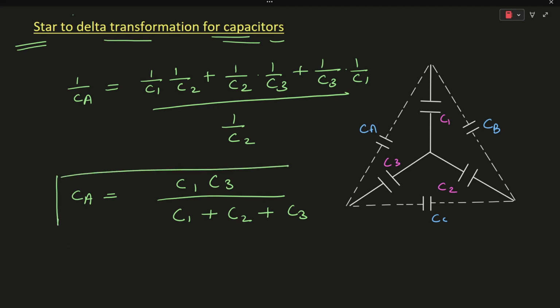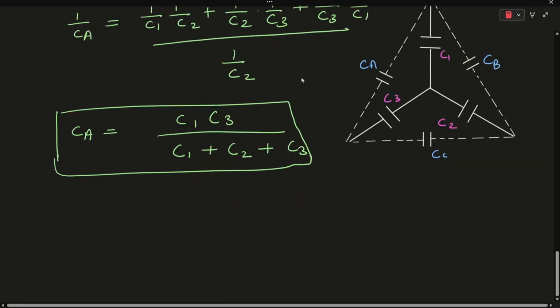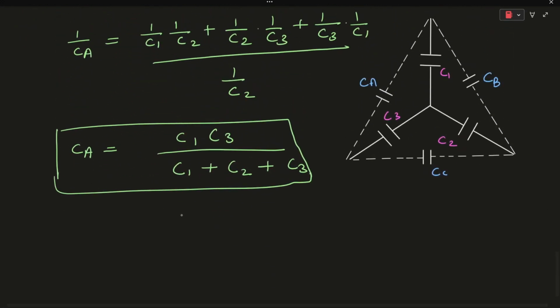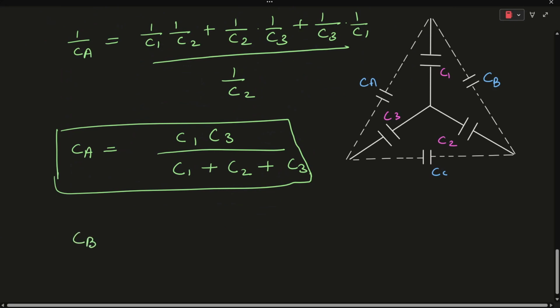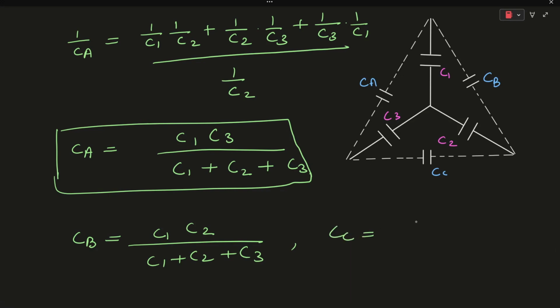I hope it is clear. Similarly, the value of CB will be equal to C1 C2 upon C1 plus C2 plus C3, and the value of CC will be equal to C2 C3 upon C1 plus C2 plus C3.